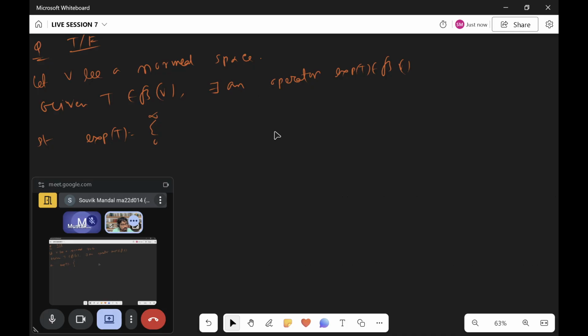Let V be a normed space, and given T belonging to B(V), there exists an operator exp(T) in B(V) such that exp(T) is the summation from n equals 0 to infinity of T to the power n by n factorial.